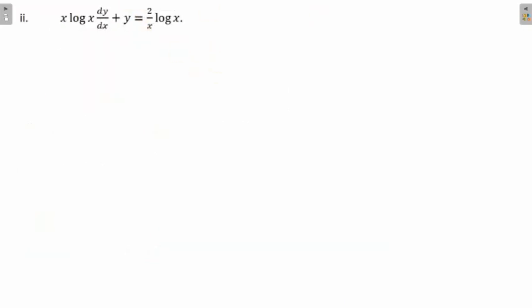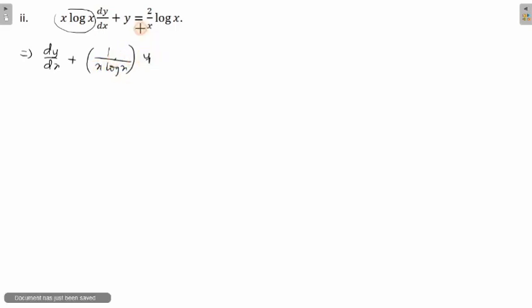So next question, let me quickly simplify this. You have to find what is dy by dx. So divide both sides by x log x. If you divide both sides by x log x, you get here dy by dx plus 1 by x log x into y. We have y here, isn't it?